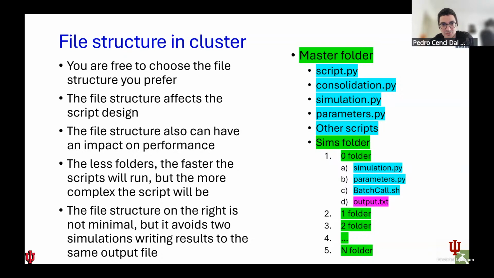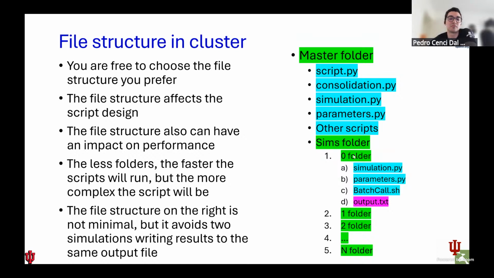You are free to choose whatever file structure you want to work with, but it will probably look something like this. You have a master folder with your scripts and the simulation folder with all your simulations. Usually what we do is separate each simulation in a folder.